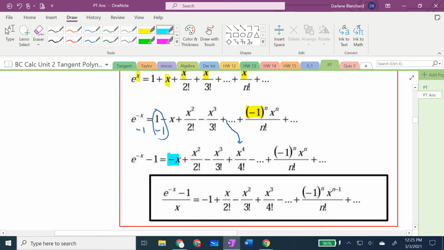When negative x is divided by x, you get the -1. With x squared over 2 factorial divided by x, it's now just going down one exponent for each of them. In the general formula, if you are dividing by x, you understand that that means subtract the exponents: n minus 1.